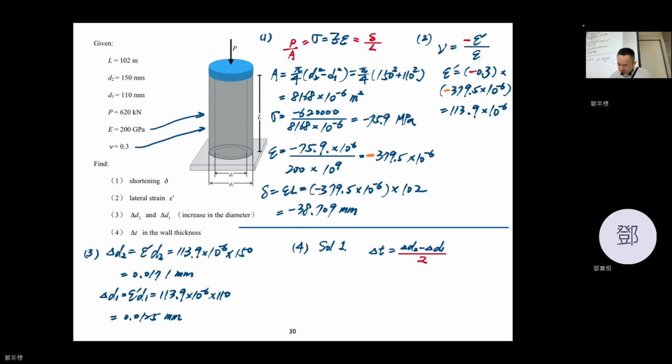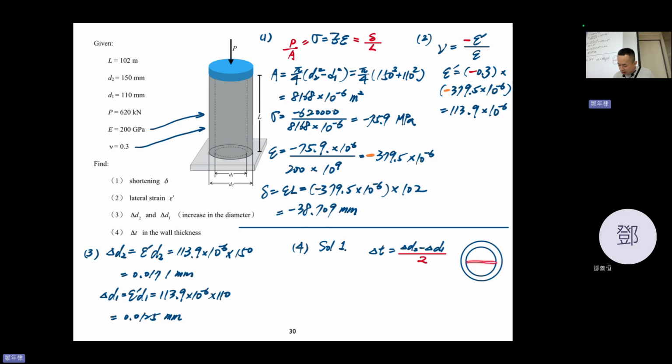This is the cross section, with the inner diameter and the outer diameter.